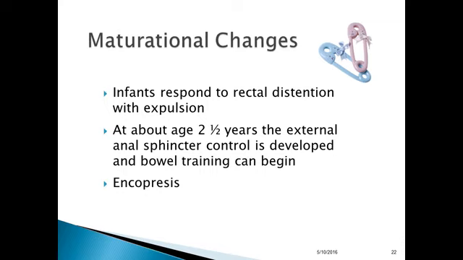Primary encopresis refers to a child after 4 years of age who has never gained sustained bowel continence. Secondary encopresis refers to children who have attained fecal continence for at least 1 year but have regressed secondary to another problem. Retentive encopresis occurs in a child with functional fecal retention with overflow soiling. It is clearly associated with constipation.